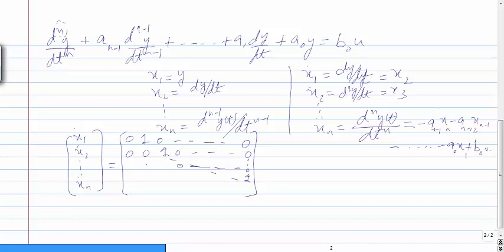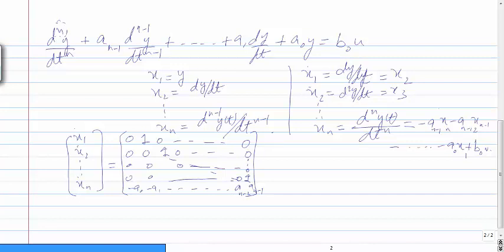The last row is actually this equation, that is minus a naught, minus a1, up to minus a n minus 2 and minus a n minus 1.